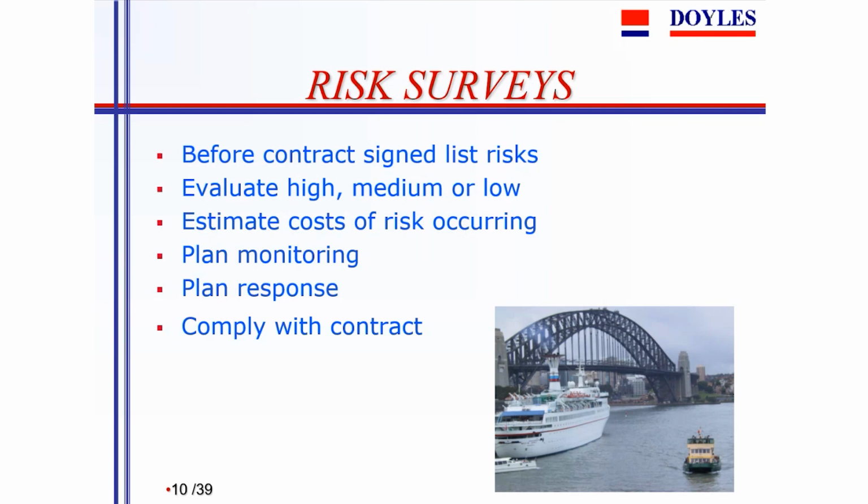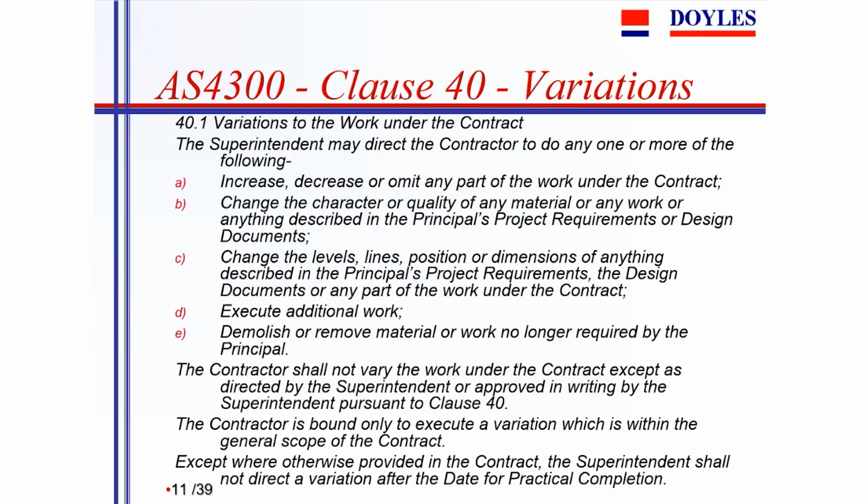So if you go to the next slide, I want to look at a very important aspect in most construction contracts: variations. And one needs to look at it upfront and to see what is the likelihood of variations. Now, in normal circumstances, you say, well, we can't judge it because the superintendent will make those when and if it suits him.